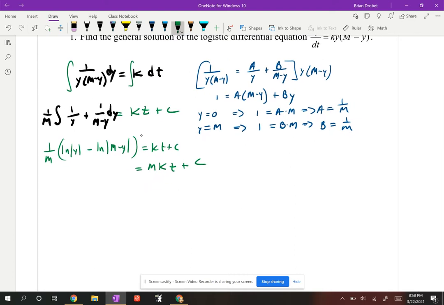And on the left-hand side here, in the parentheses, I'm also going to combine those logs together. So I'm going to have the natural log of the absolute value of y over m minus y is equal to mkt plus c.